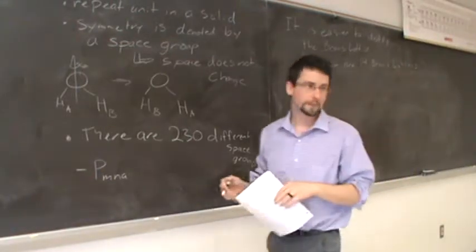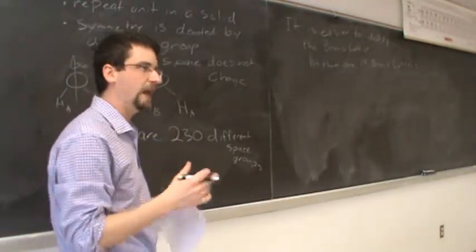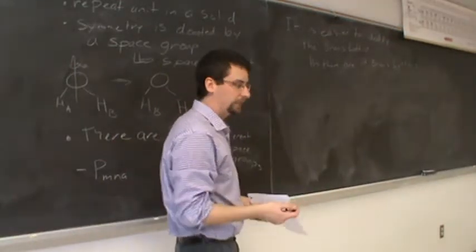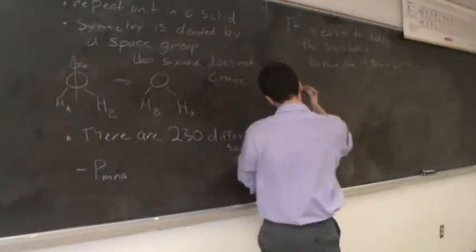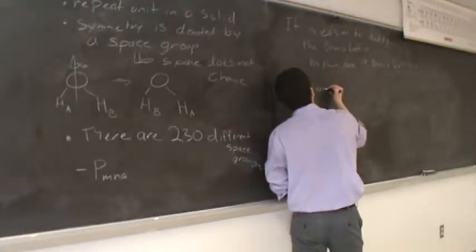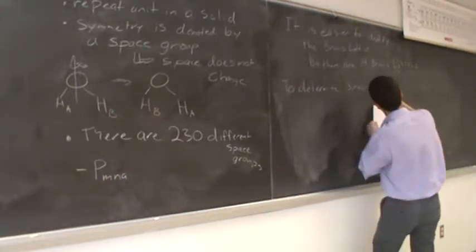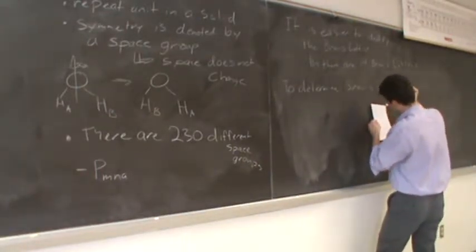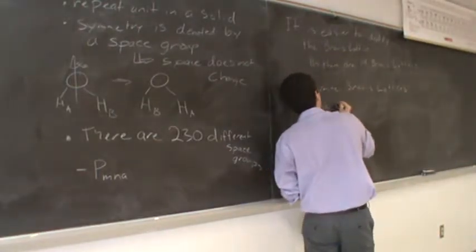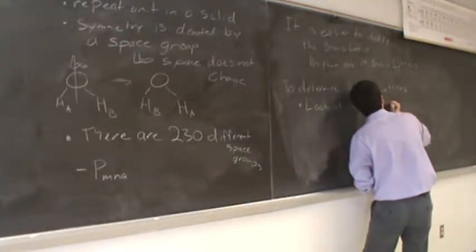And these don't include all the different symmetry aspects you can have to a crystal. Now, how do you identify the Bravais lattices? To determine these, you have to look at the unit cell lengths.